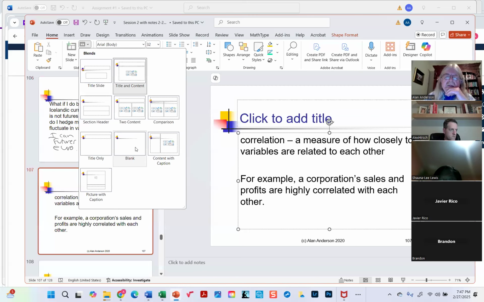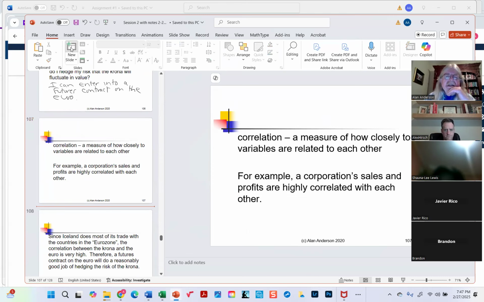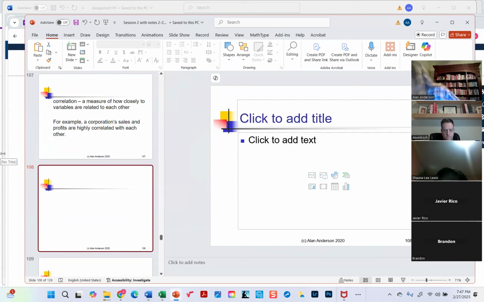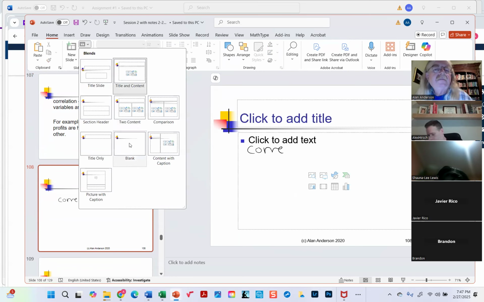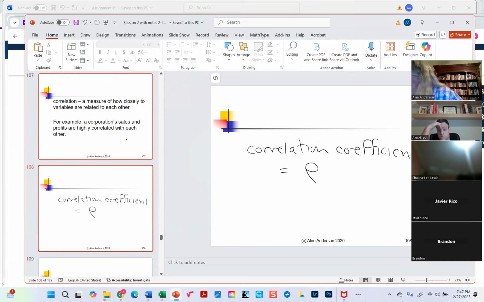So the correlation measure itself is usually indicated with this special Greek letter, the Greek letter rho. That means this is the correlation between two variables. And you might remember from your travels that this number is always going to be between positive and negative 1.